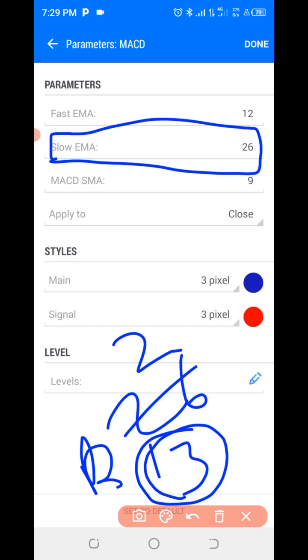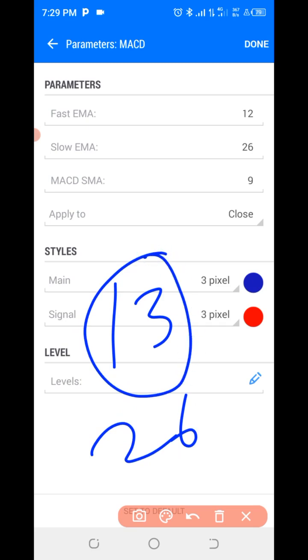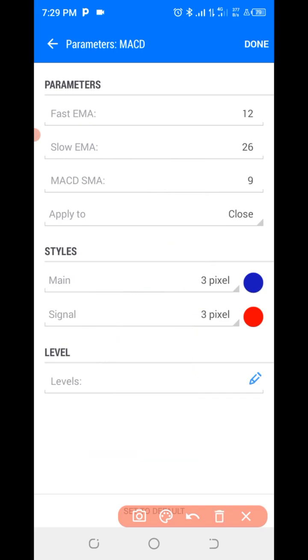On our main chart we're having 13, but on our MACD we're having 26. On the main chart it is an exponential moving average, 13, but in the MACD it is a slow moving average, 26. So in the longer run, by the time they are done with the calculation, it's still going to be an exponential moving average, a fast moving average to give you the signal that you need there, right?